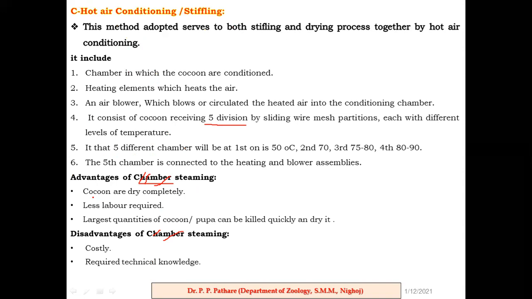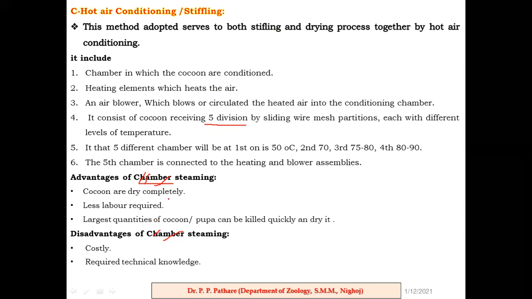Next, this method requires a very small amount of labor for performing all the processes. Then, the largest quantity of cocoons and pupae can be killed quickly and the cocoons dried inside the particular process. These are very good advantages observed in hot air conditioning.